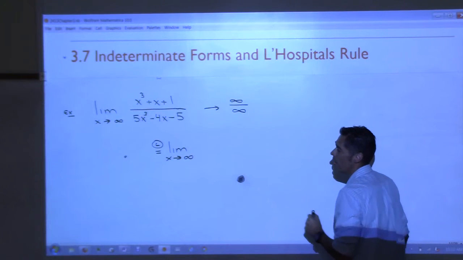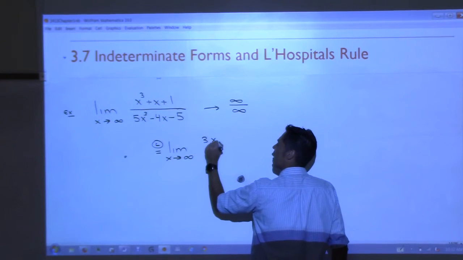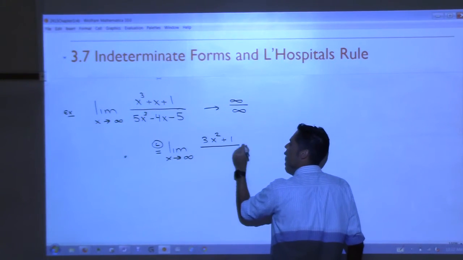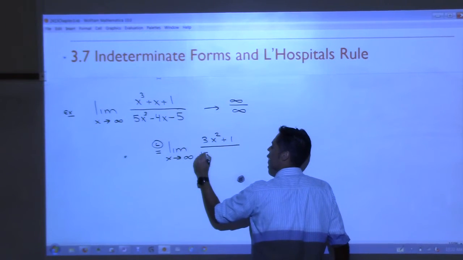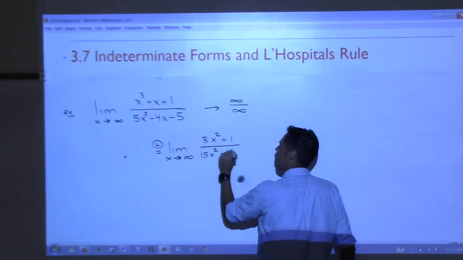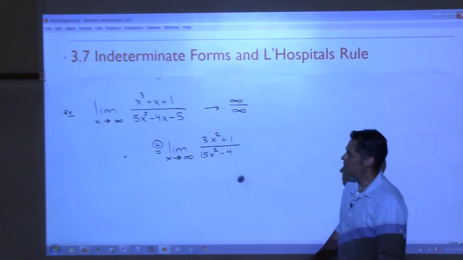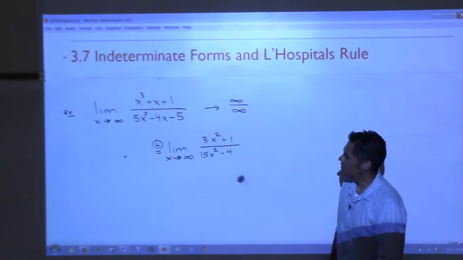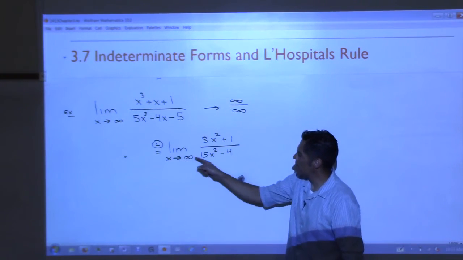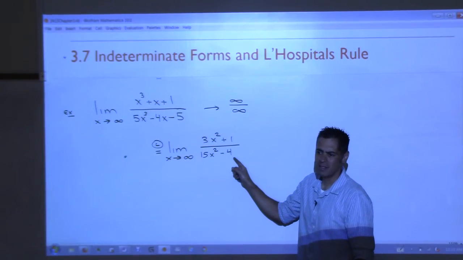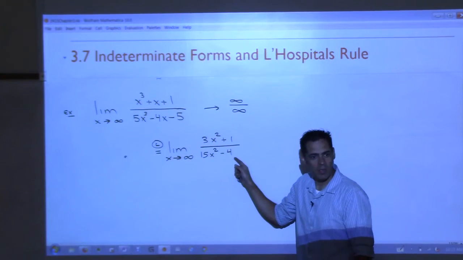What is the derivative of the top? 3x squared plus 1. What's the derivative of the bottom? 15x squared minus 4. Oh man. Did that help? If I take that limit, what do I get? Infinity over infinity again, right? So just do it again.